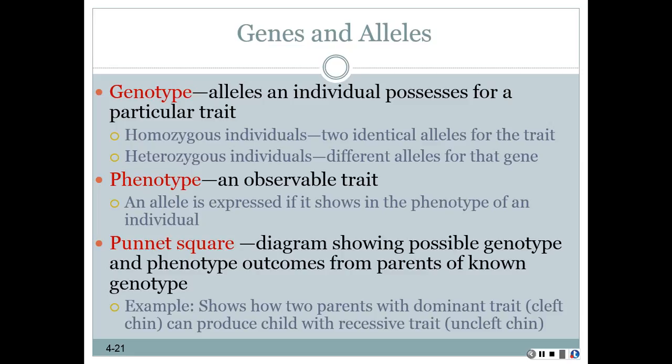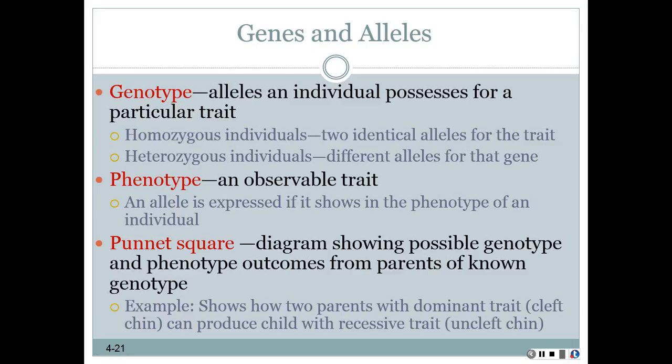The alleles that an individual possesses constitute the genotype. An observable trait is called the phenotype. So the person with the cleft chin has that phenotype because it's an observable trait. An allele is said to be expressed if it appears in the phenotype.